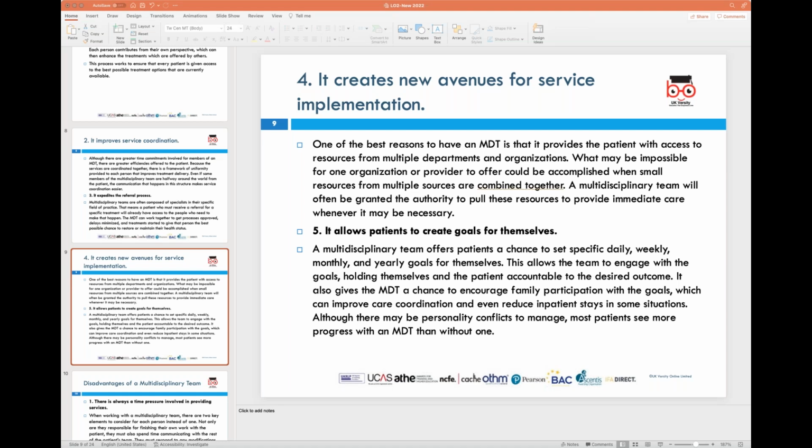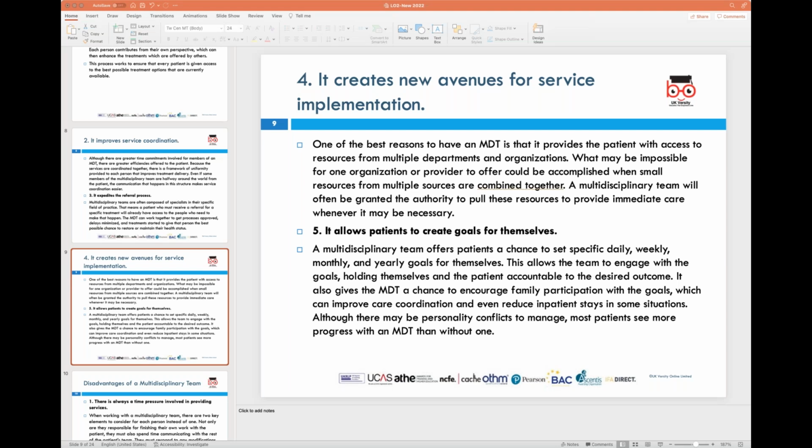What I mean by that is that in some cases the patients would be able to set specific goals, and this is where I would bring in the example of, say, if you've undergone some sort of care and you've had an operative procedure done, then in order for you to recover fully, at some stage you would need different people to support you in order for you to get back to your normal self.